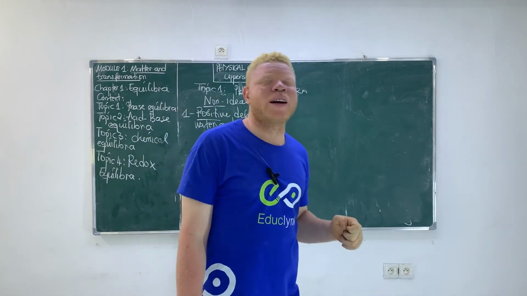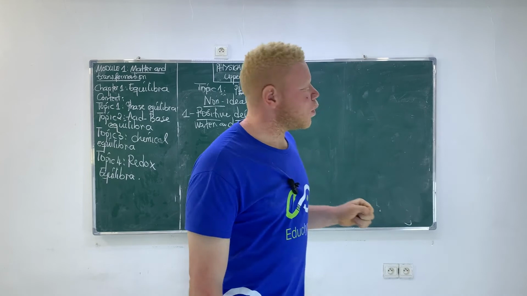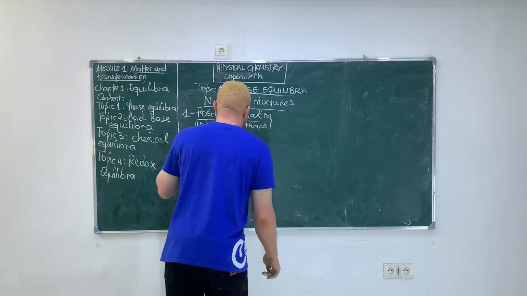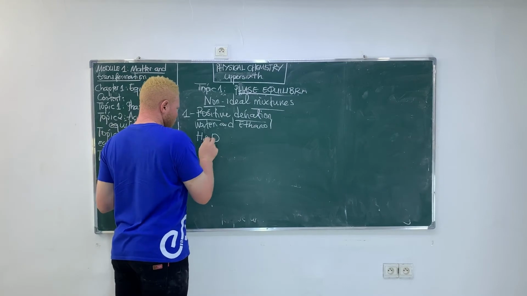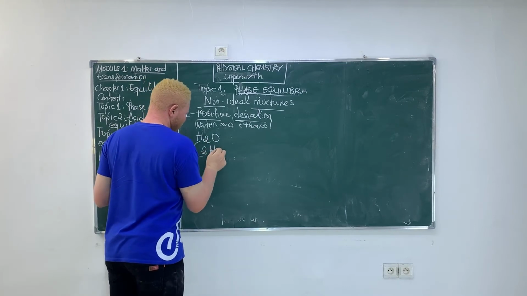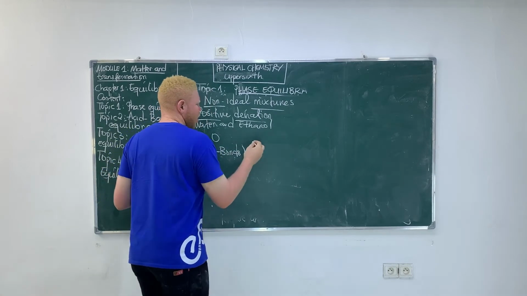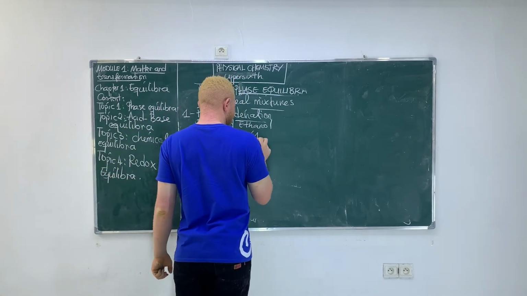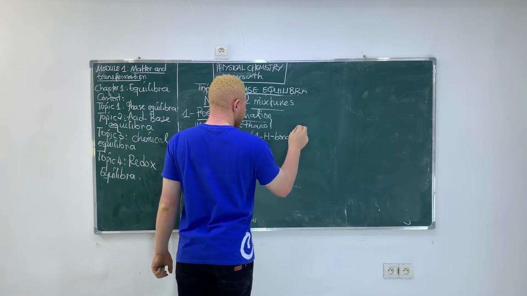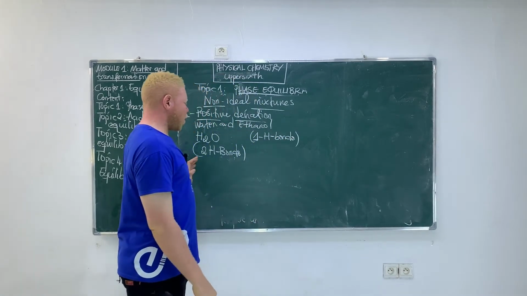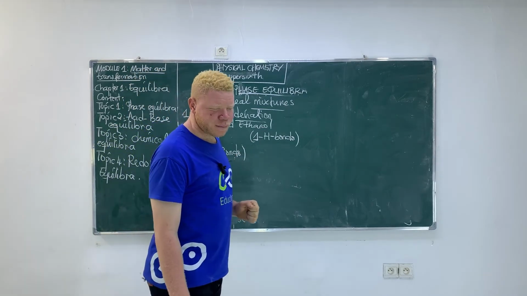Then we have to identify the intermolecular forces in these two components. In water, we have hydrogen bondings. So that's how water is, H2O. Water has two hydrogen bonds. Ethanol has one hydrogen bond.